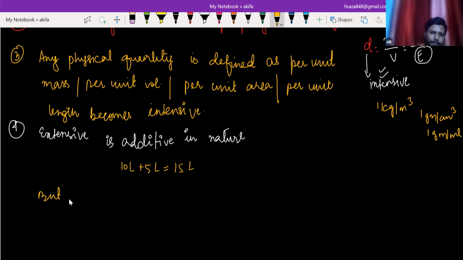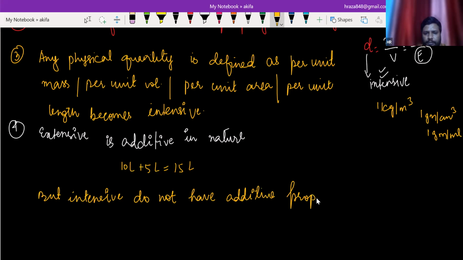But intensive properties do not have the additive property, because they won't add. We will see an example of intensive, then you will get it.